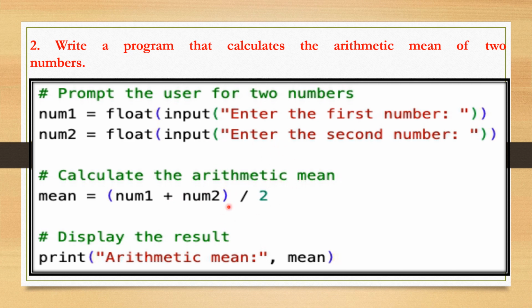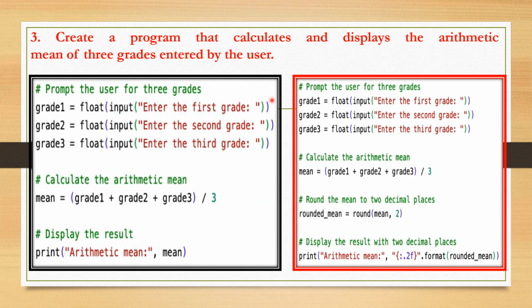The result of the arithmetic mean calculation is stored in a variable mean. Finally we use the print function to display the arithmetic mean to the user. Here also, please note that the program assumes that the user will input valid numbers.